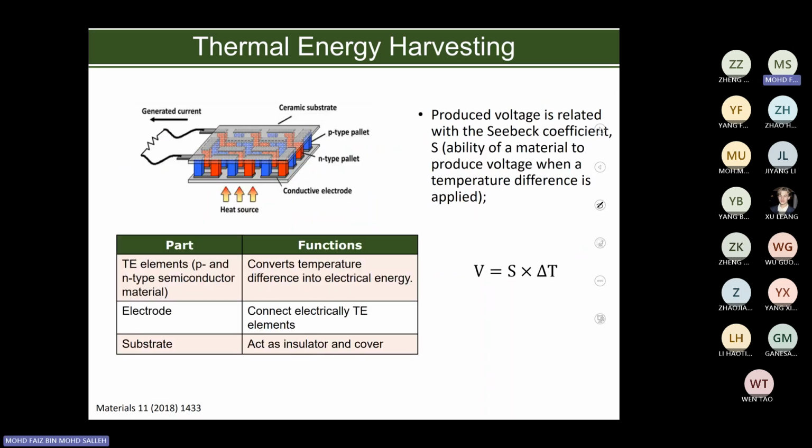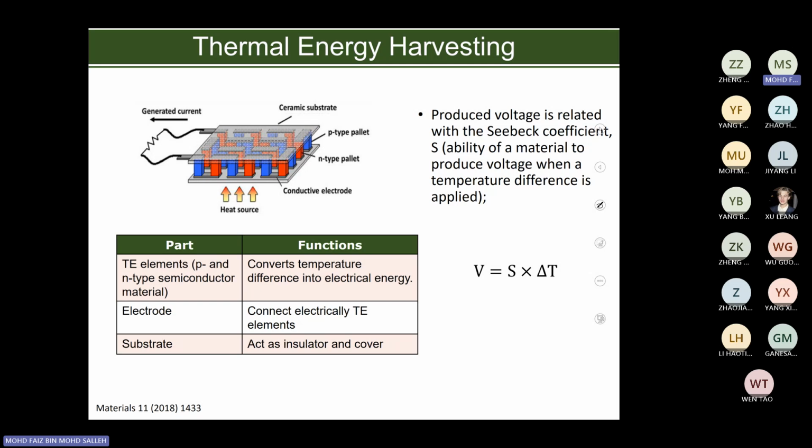This is just a typical example. We will look in detail after, around week 3. The thermoelectric power is generated based on some effects, and the most popular are the Seebeck effect and the Peltier effect. The Seebeck effect relates how much temperature difference you apply to the voltage that you can obtain.